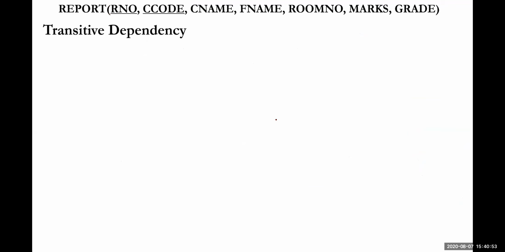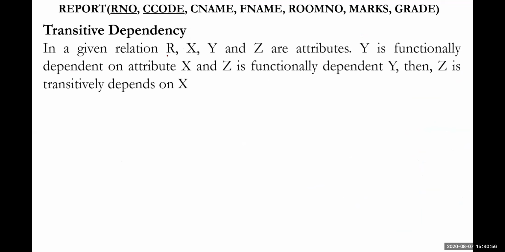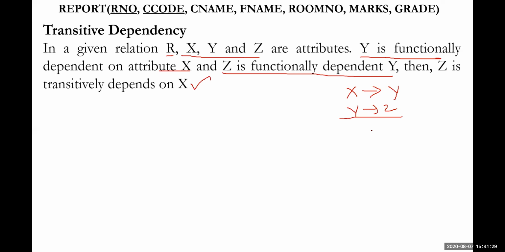Given a relation R, let X, Y, Z be attributes of R. Y is functionally dependent upon X, followed by Z being functionally dependent on Y. Then Z is transitively dependent upon X. Therefore there is transitivity between Z and X. This is called a transitive dependency, and these two are called functional dependencies.